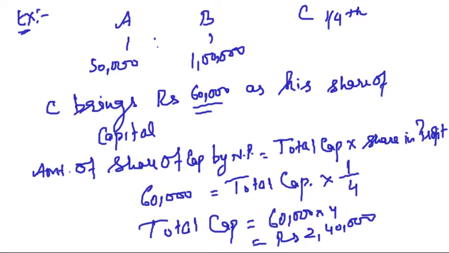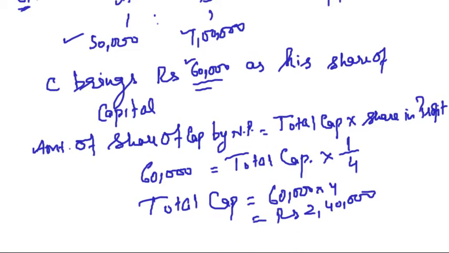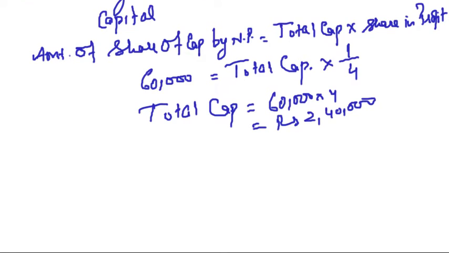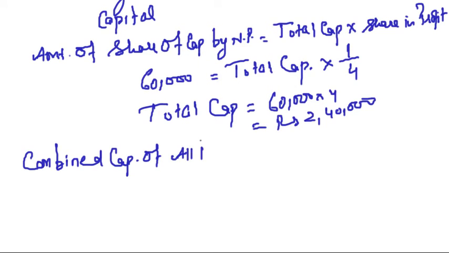Now we are given one more thing. The capital of A is 50,000, B is 1 lakh, C is 60,000. If I combine these, what is the total capital of all partners?